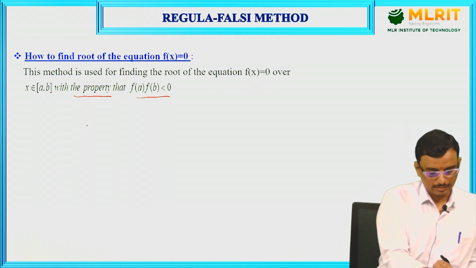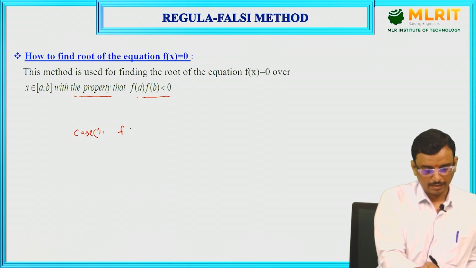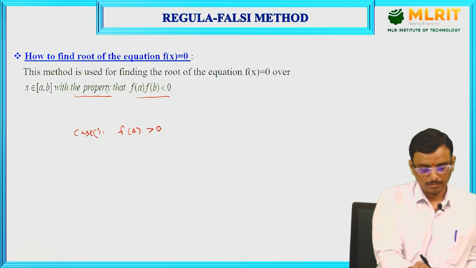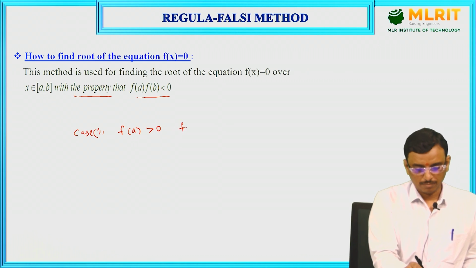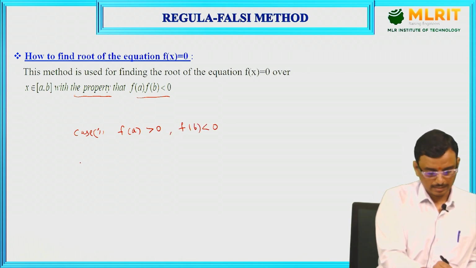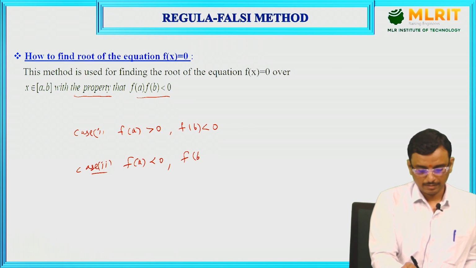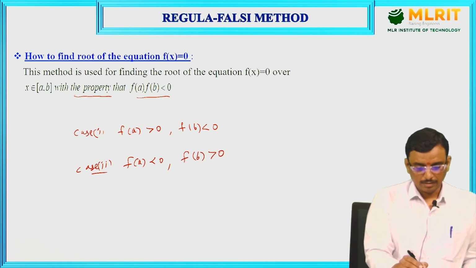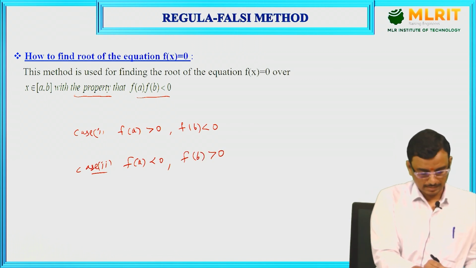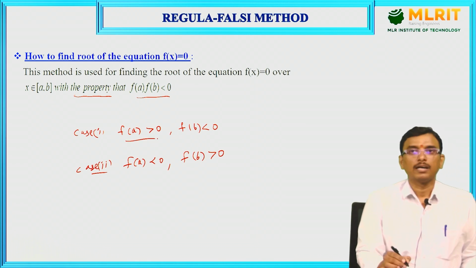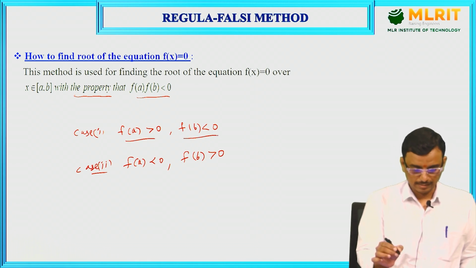Case 1 is f of a greater than 0 and f of b less than 0. The other, case 2, is f of a less than 0 and f of b greater than 0. I am assuming one of these cases. I am taking f of a greater than 0 and f of b less than 0.